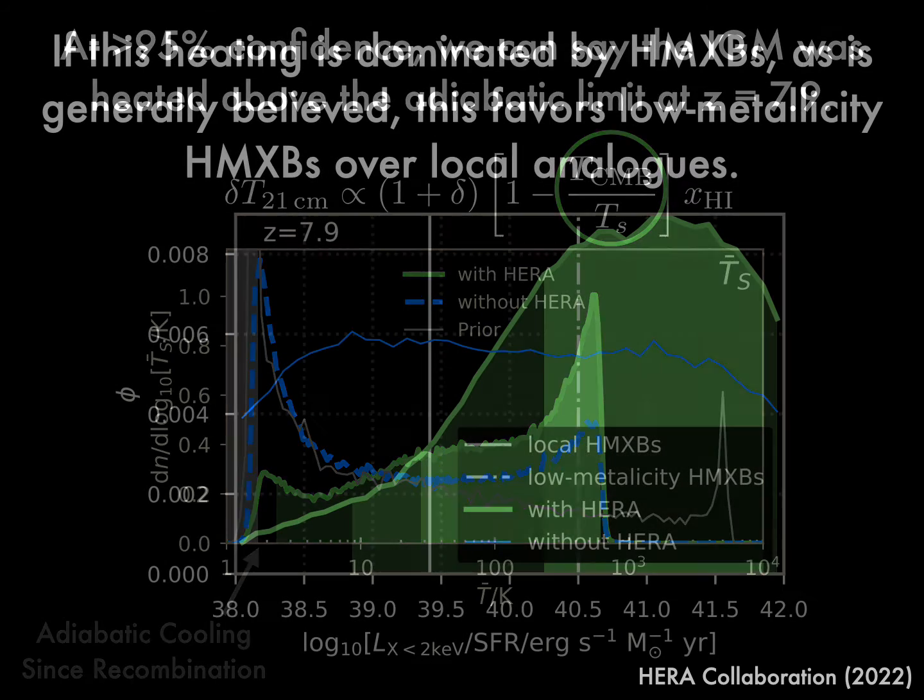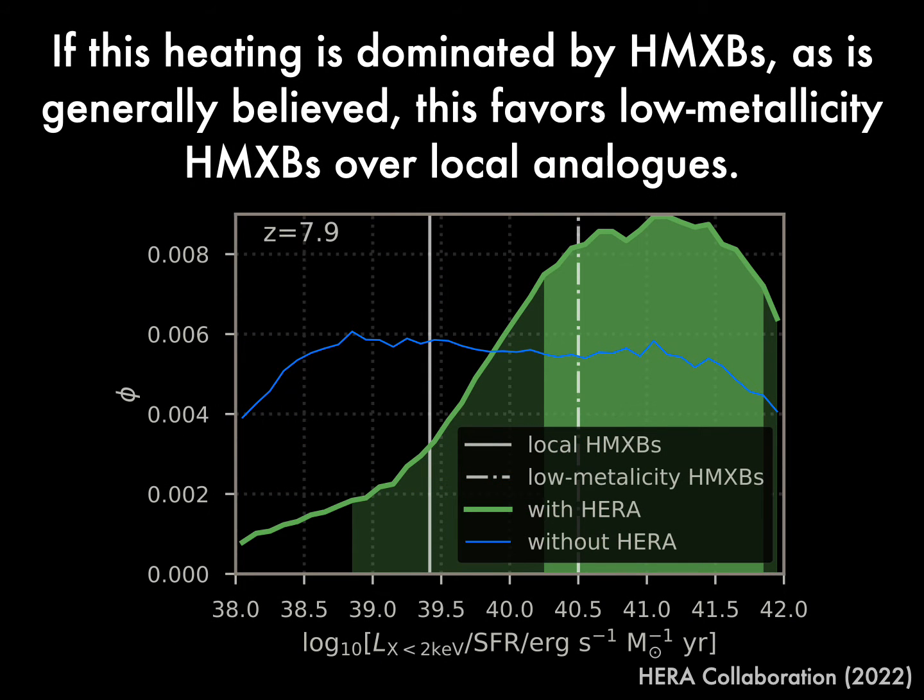Likewise, because we're doing this whole big parameter inference, we can say something about the X-ray luminosity per unit star formation rate in this model for how X-rays are formed and the IGM got heated.